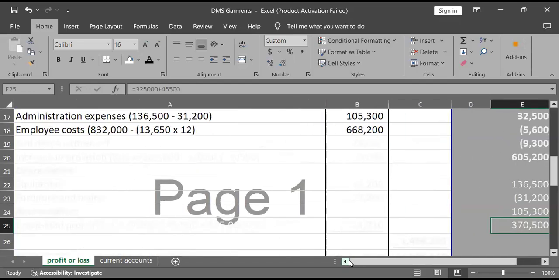325,000 plus 45,500. So this is the total cost of the lease. Cost of lease.